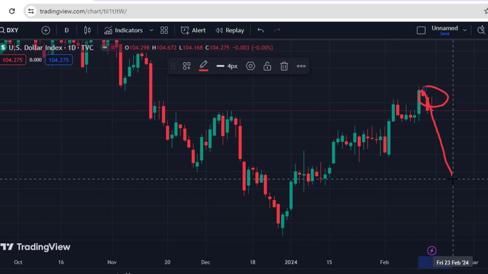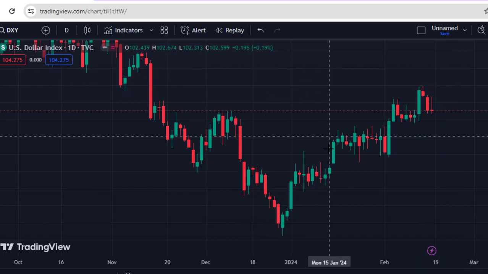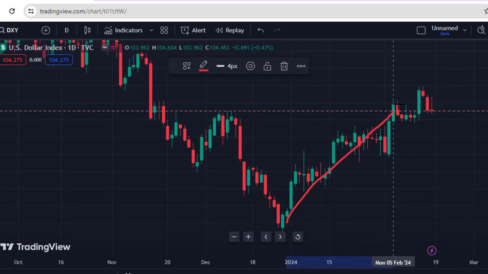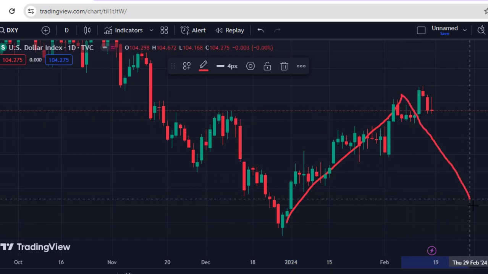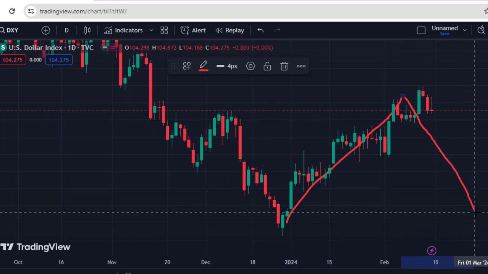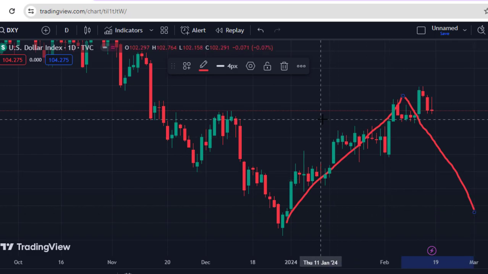So anytime this chart moves upward, that is bullish, it means that the dollar is going to gain strength across the board. And if it's coming back to the downside, it also means that the dollar is going to lose value across the board.